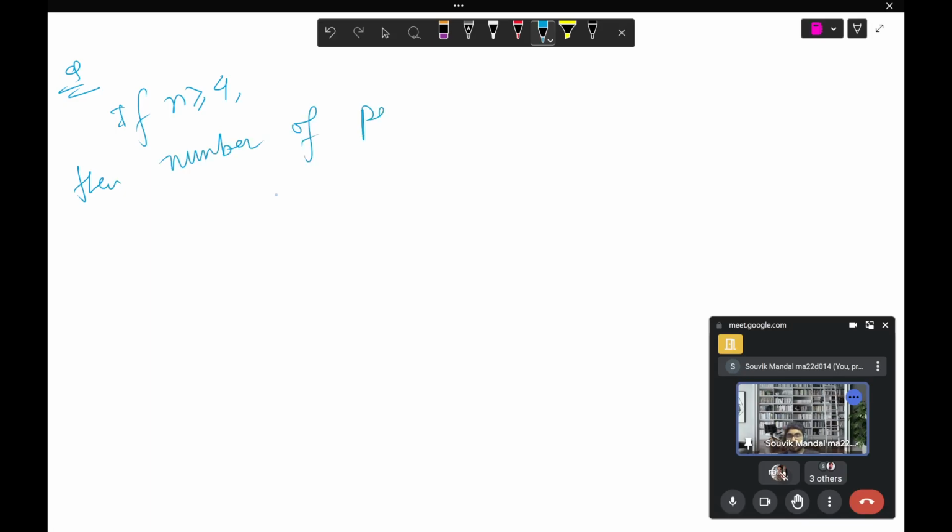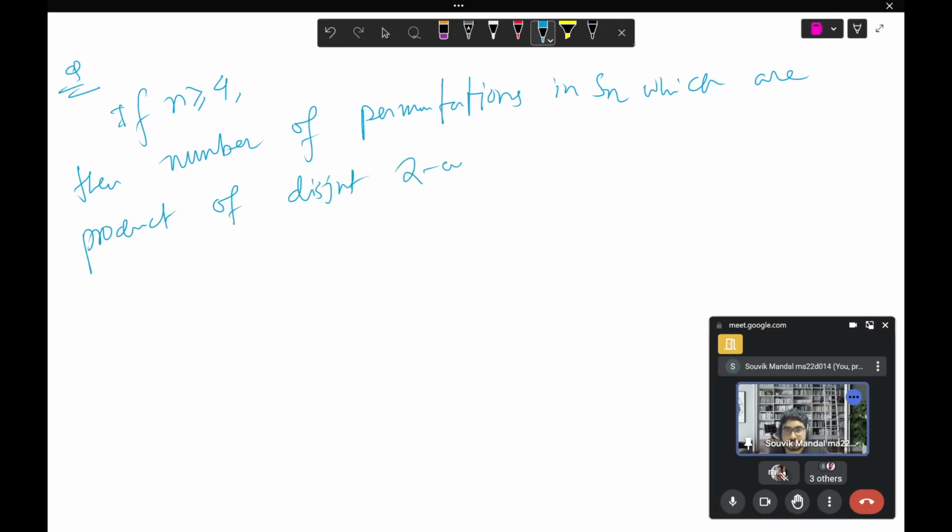The number of permutations in S_n which are a product of disjoint two cycles is n into n minus 1 into n minus 2 into n minus 3 by 8. In the same way it can be done. So this solves it.